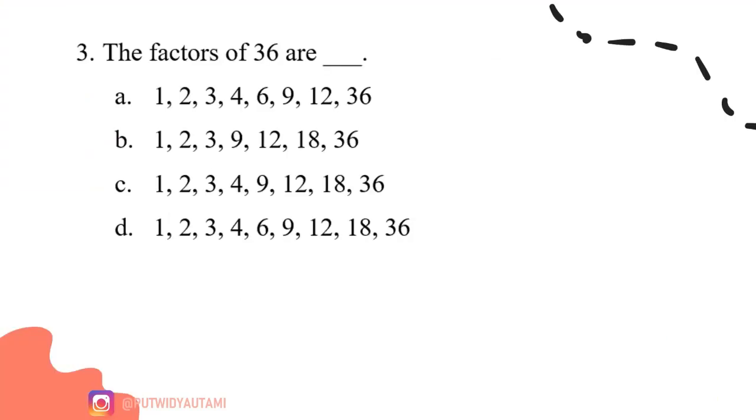Number 3. The factors of 36 are... it's easy. We can just write the multiplication of 36. Start with 1 times 36, and then 2 times 18, 3 times 12, 4 times 9, and 6 times 6.